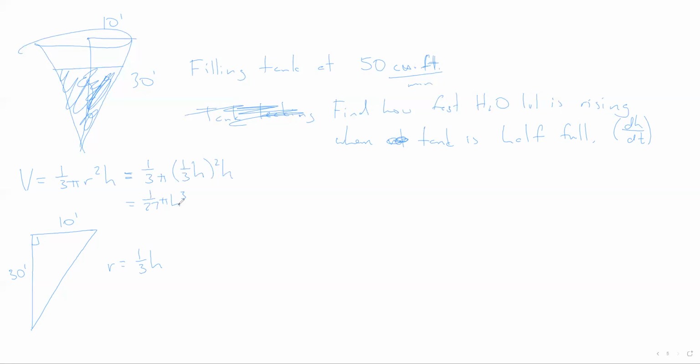Any questions here? All right, now that I have this equation, what should I do with it? With respect to what variable? So dV/dt equals what? I don't need to do quotient rule.